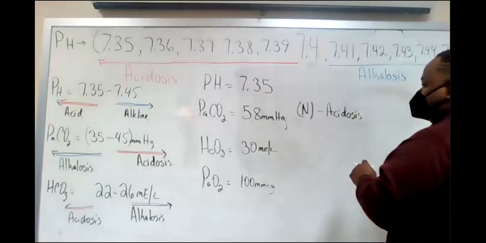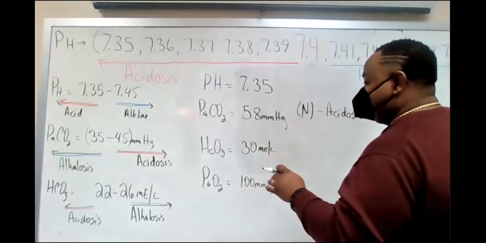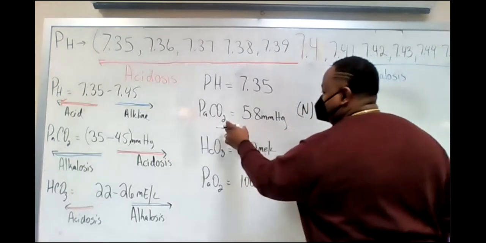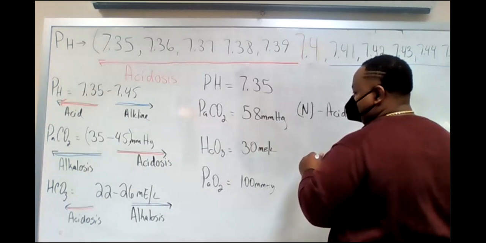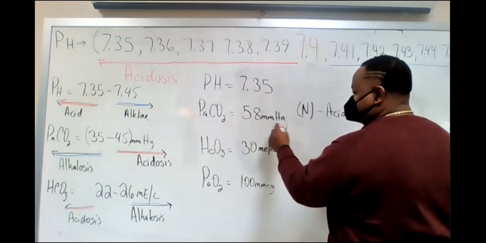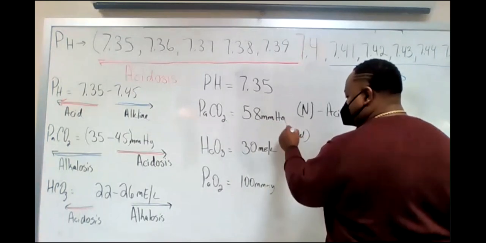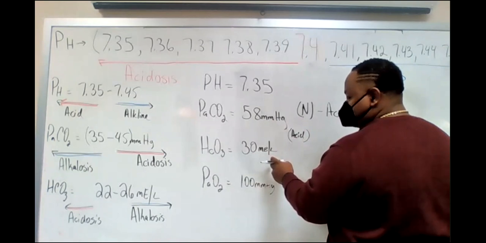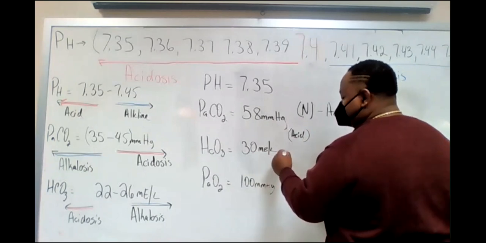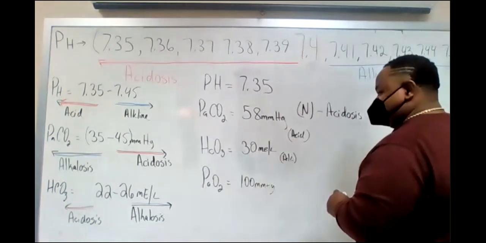All right, so now we have to find out, Christian, who's causing this problem. In this problem, CO2 is doing what? Acidosis. Acid. So CO2 is acid. And what's bicarb, Christian? Alkaline. All right. So which one is matching pH?